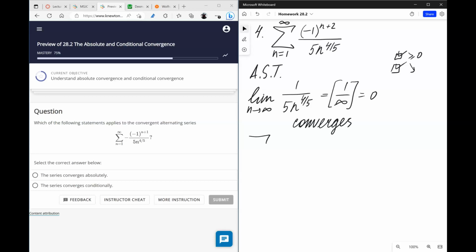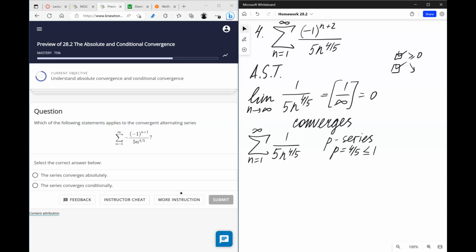Now, to check whether it converges conditionally or absolutely, we analyze the convergence of this series. This series is literally an example of a p-series where p is equal to 4/5, which is less than 1, which means actually less than or equal to 1.